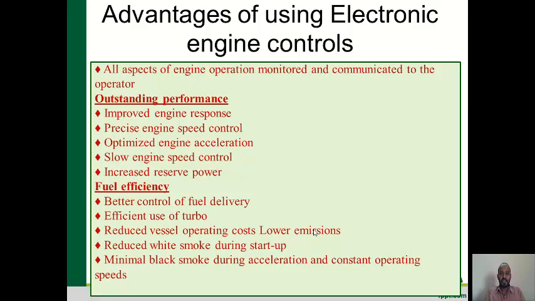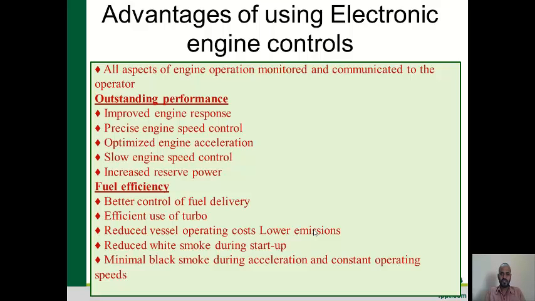What are all the advantages of using engine controls? Outstanding performance, that is improved engine response, precise engine speed control, optimized engine acceleration, slow engine speed control, and increased reserve power. In terms of fuel efficiency, better control of fuel delivery, and similarly efficient turbocharging. So many control related functions you can adapt.